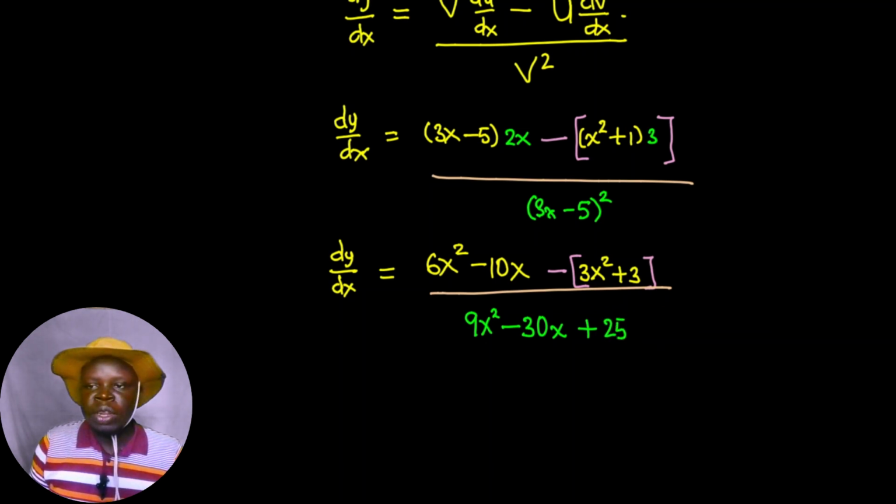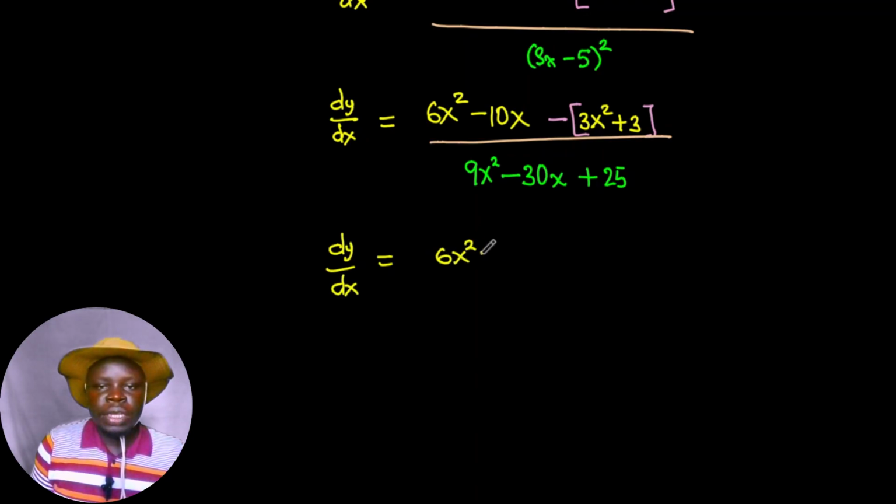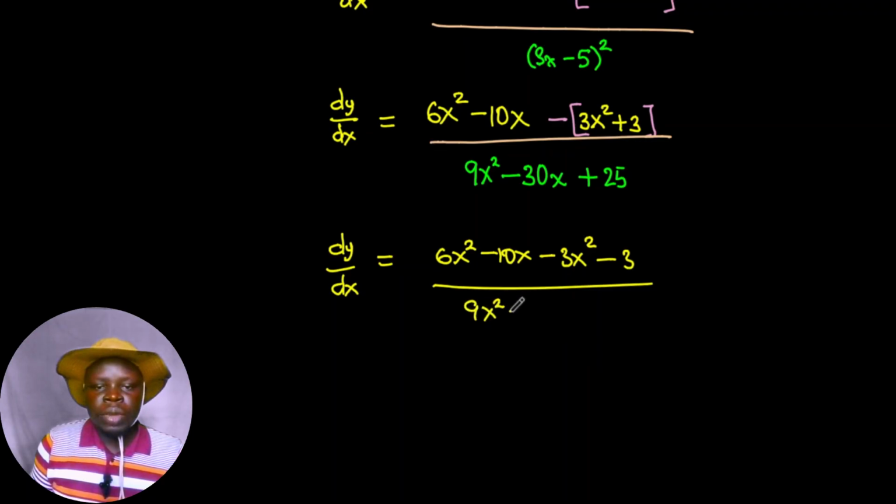So let's open up the numerator and see how it simplifies. dy by dx is given by, the first term is already okay, 6x squared minus 10x. When we open up that bracket, we have 3x squared minus 3, and this is divided by 9x squared minus 30x plus 25.